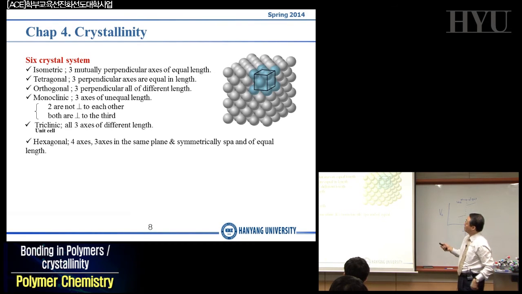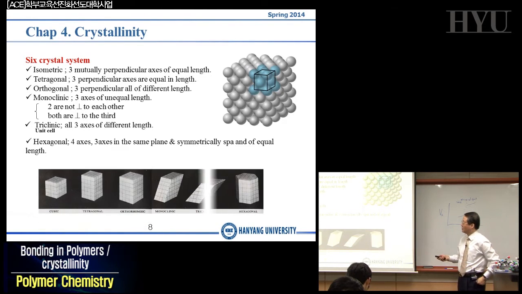For example, if you have 3 axes x, y, z with the same length, and the angle is 90 degrees or the same angle, we call this isometric. And if you have slightly different perpendicular axes, we call this tetragonal, orthorhombic, monoclinic, and so on.